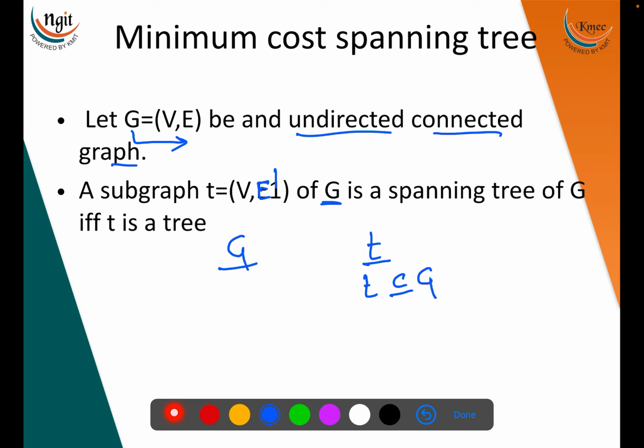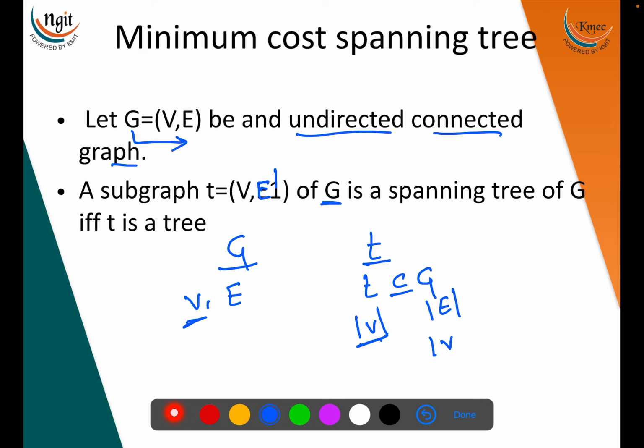So G basically has vertices and edges. When I say that T is a subgraph of the graph, T also has vertices. T is a spanning tree which also has edges. Now the spanning tree will have the same number of vertices as the graph.